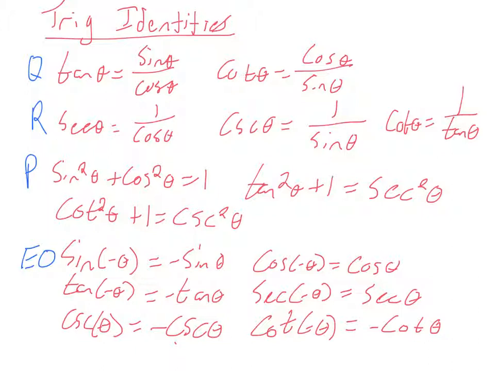today. The whole point of what we're going to be doing with these identities today is manipulating and simplifying algebraic expressions, and a little bit of establishing identities. One thing that these identities allow us to do is to simplify trigonometric expressions.